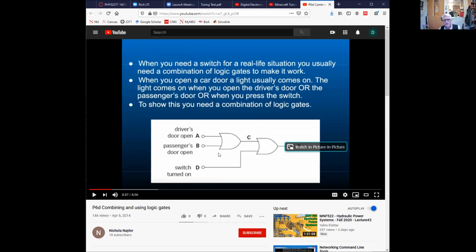Like if you wanted to read in your car, then you just turn the switch on and you get some voltage out here to turn the light on. But then if either door is open, then you will also want the light to come on. So the three things can turn the light on: opening a door or turning on the switch. Anyway, that's basically all she was talking about.